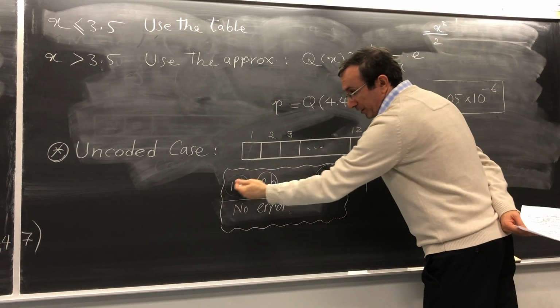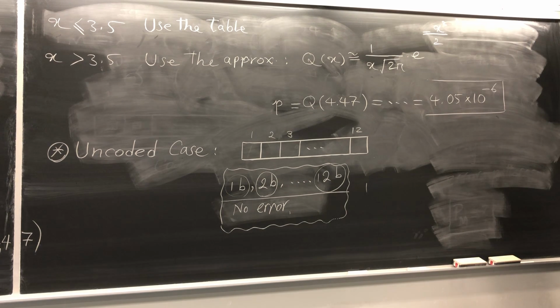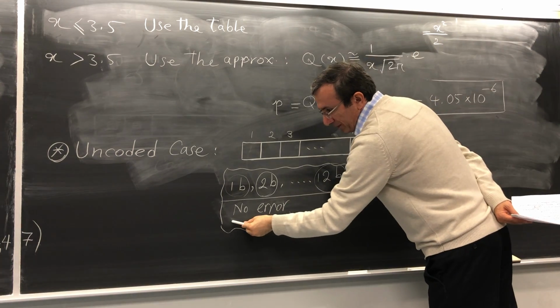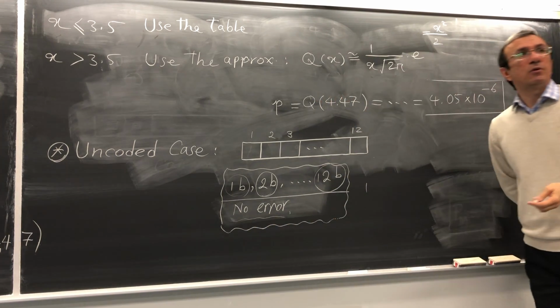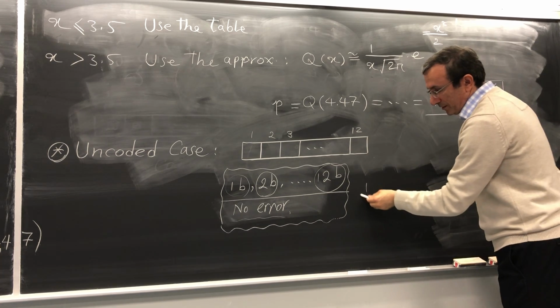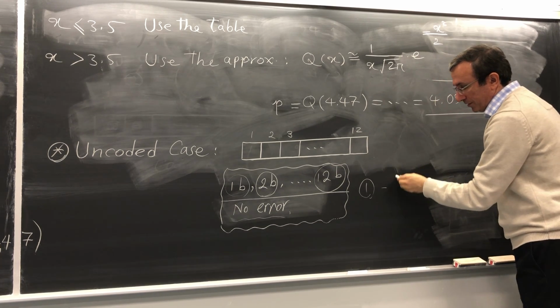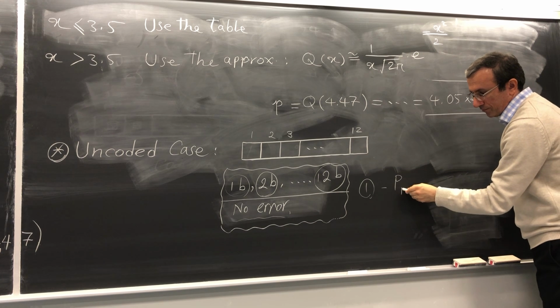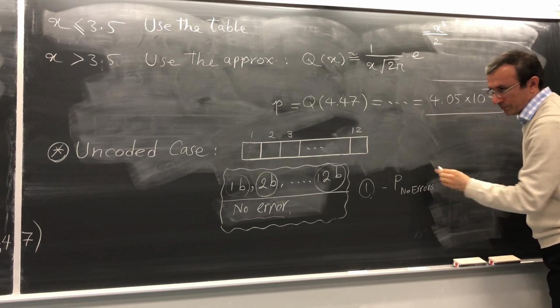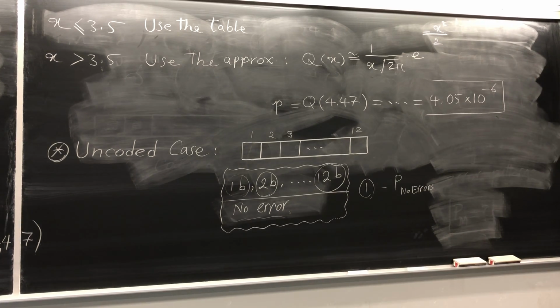So that is one way of finding the probability of the occurrence of error, no matter how many bits. The other is to find out the probability of no errors happening, and then the entire space minus the probability of no errors. Right?